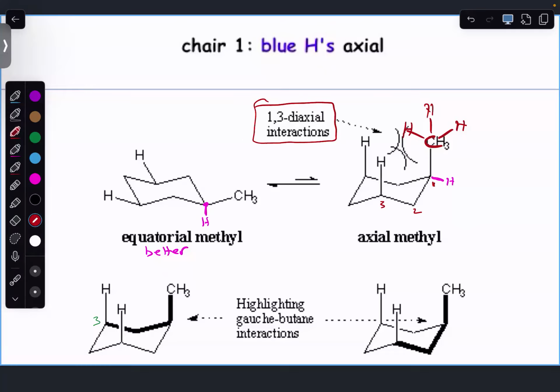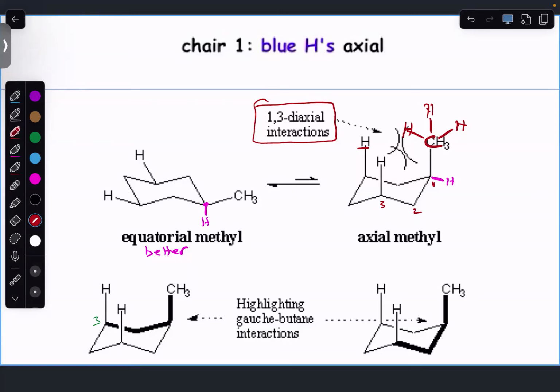And same thing over with this axial hydrogen. And you don't have that if that methyl is equatorial. If that methyl is equatorial, this CH3 is nowhere near that H in the 3 position.